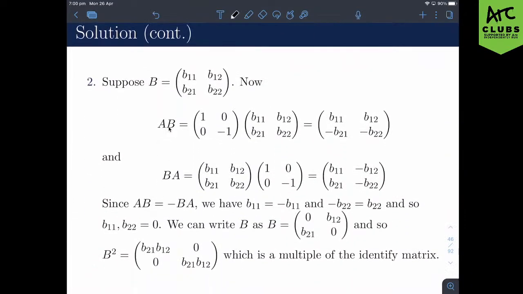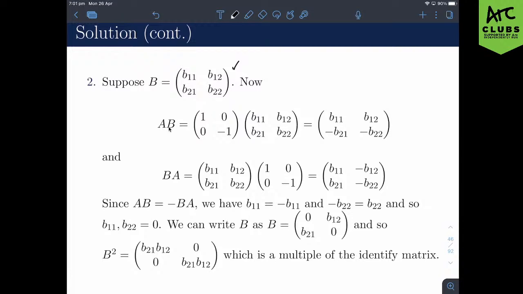So I'm just going to write B as a generic 2 by 2 matrix, so not making any assumptions there. And I'm using the fact that they gave us, AB equals minus BA. So I'm going to calculate what AB is.